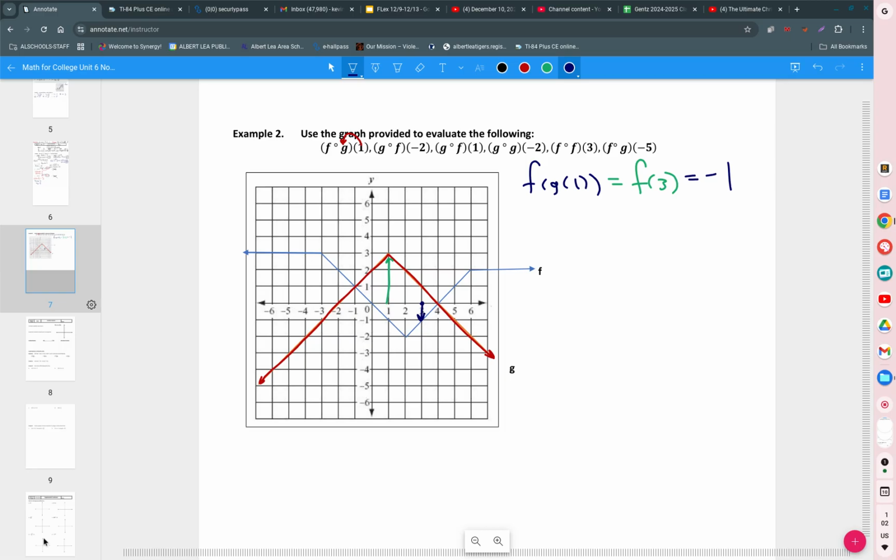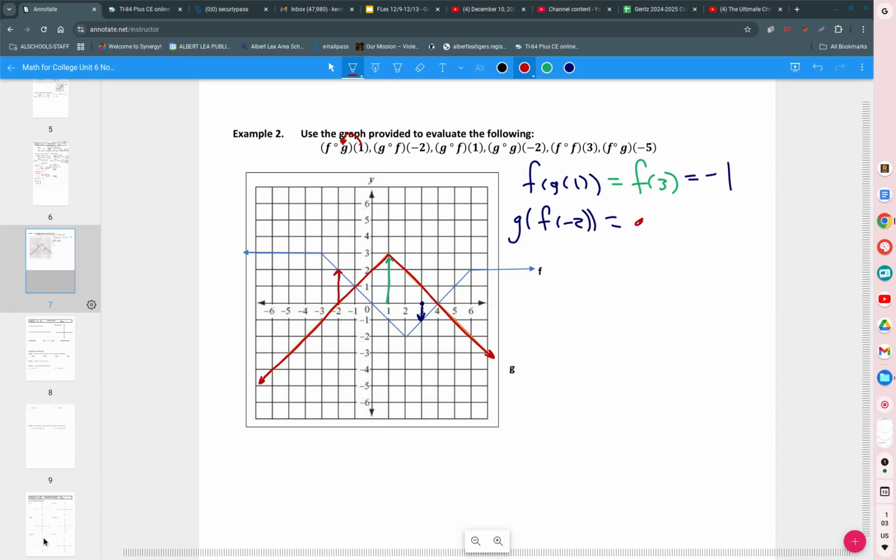I'm going to do another one with you, and I'm going to have you guys do 2 on your own, okay? g of f of -2. I start by plugging -2 in for f. What is f of -2? 2. Positive 2.